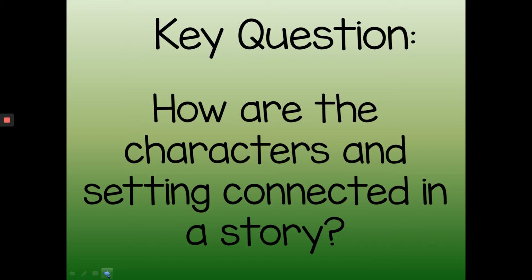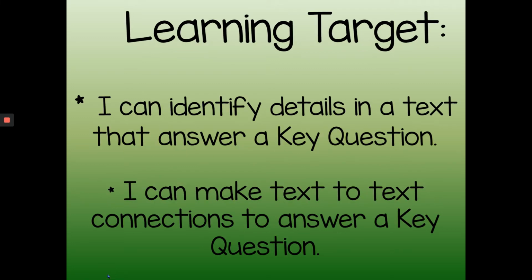In our text this week, we're going to see some unusual settings that will have an effect on the characters. It might cause them some problems or cause certain events to happen. Our learning target is I can identify details in a text that answer a key question, and I can make text-to-text connections to answer a key question.